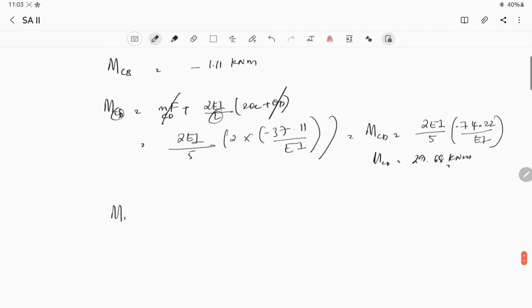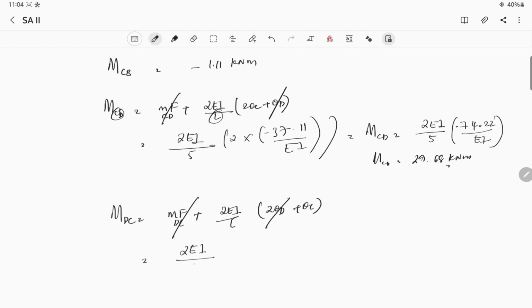Okay. Next, MCD is over. We have MDC. MDC will be equal to MFDC plus 2EI by L into 2 theta D plus theta C. So theta D will be 0, MFDC will be equal to 0.